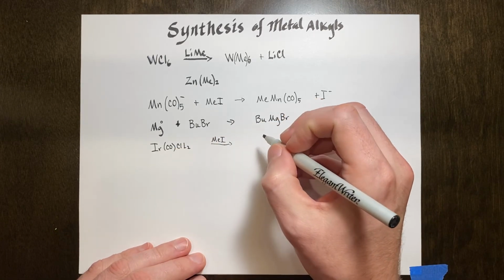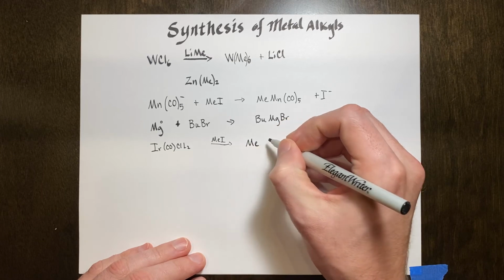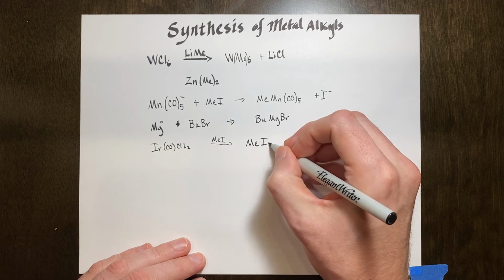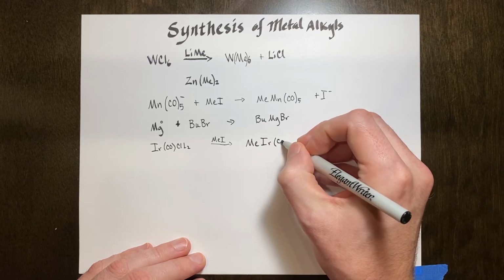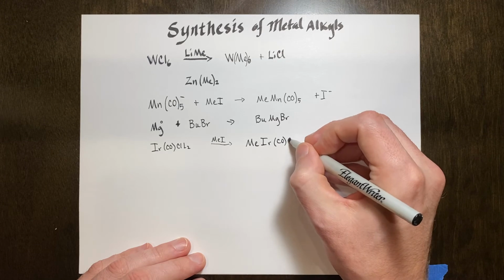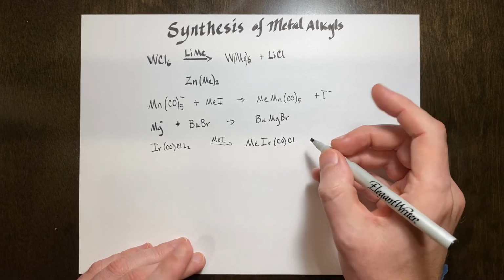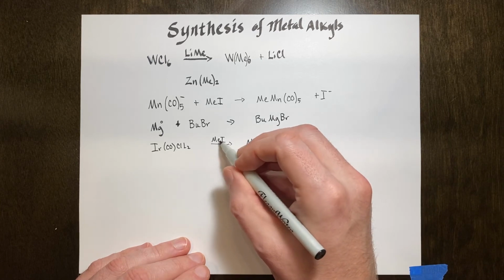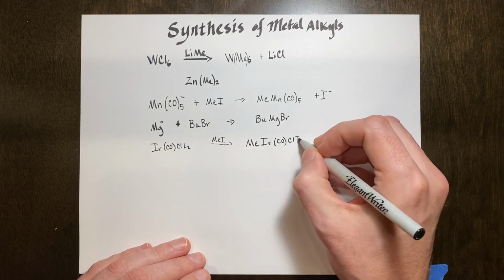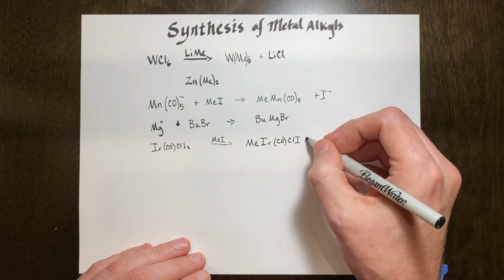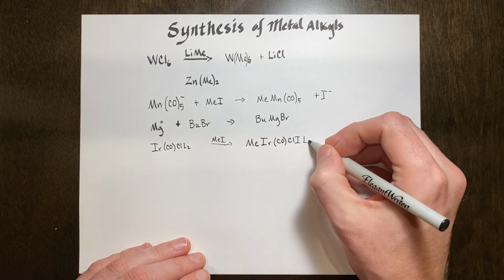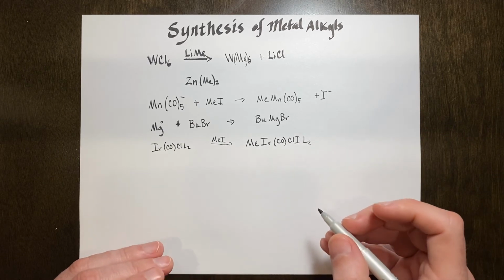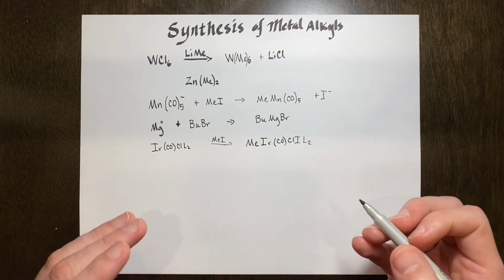So we will end up with our methyl group on the metal. We'll write it right here first to emphasize that it's there. And then we still have our other ligands. And now in oxidative addition, we're going to add both of these species to the metal. So we're going to have our iodide on there as well, and then our 2 ligands that were there before. So that's another way to do it.